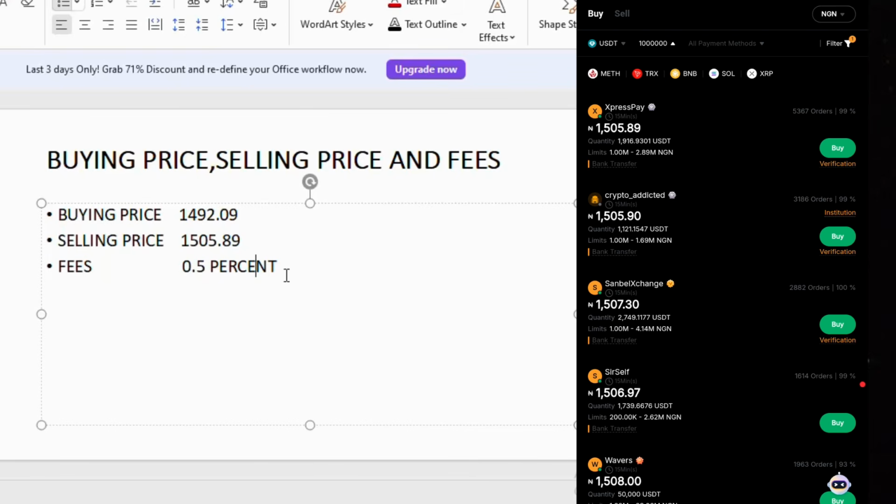Selling has zero fees. Look at the fees area, there are buying fees and there's also what they call selling fees.